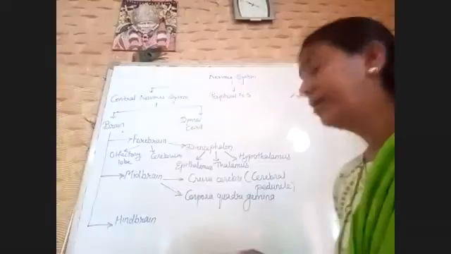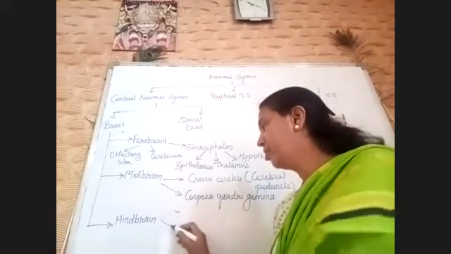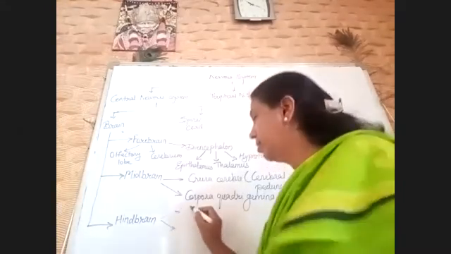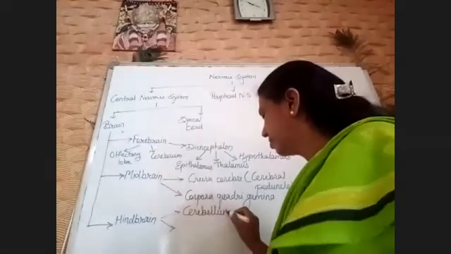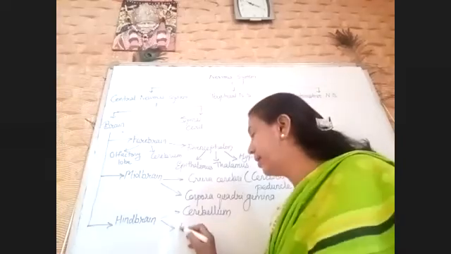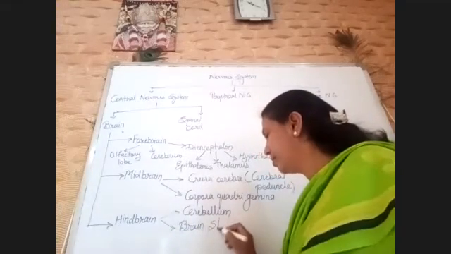Okay. Now the last one is the hindbrain. So hindbrain consists of 2 parts. The first part is called cerebellum, and the second part is called brainstem. Brainstem.